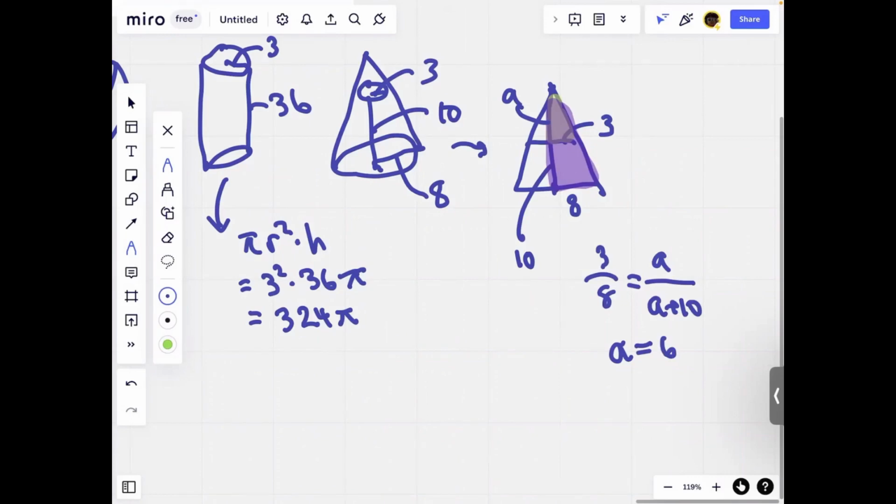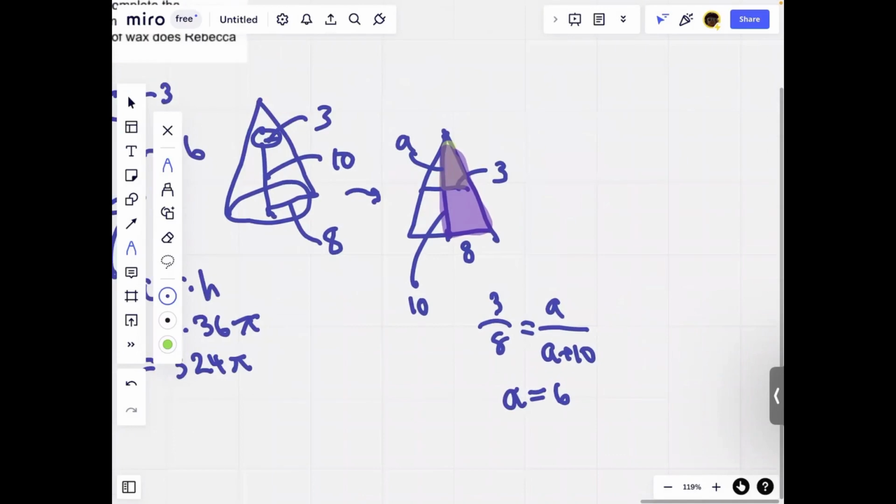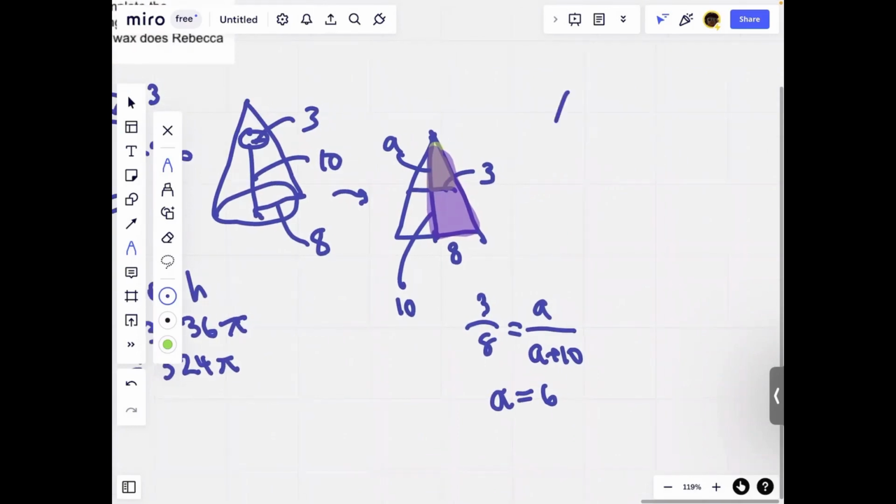So the volume of the frustum is the volume of the bigger cone minus the volume of the smaller cone. The bigger cone has a height of 16, which I got from 10 plus 6, and the base radius is 8.